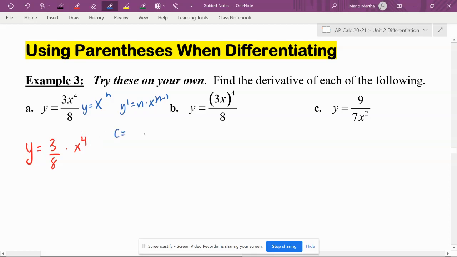So c equals 3 over 8, and n equals 4, and n minus 1 is equal to 3. So y prime equals the constant 3 over 8 times 4 times x to the 3. Simplify a little bit further, this is going to be 3 over 2 times x to the 3, and that would be our y prime.